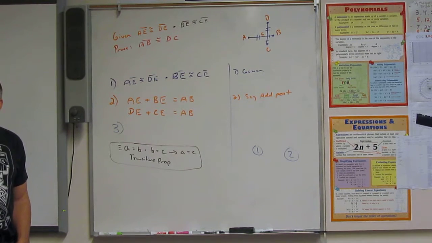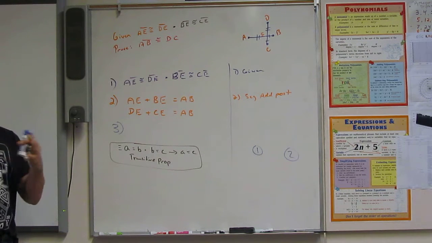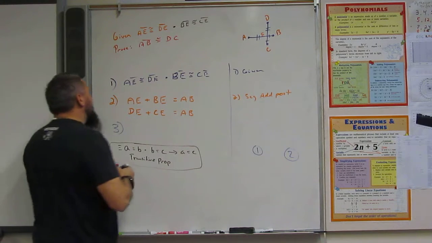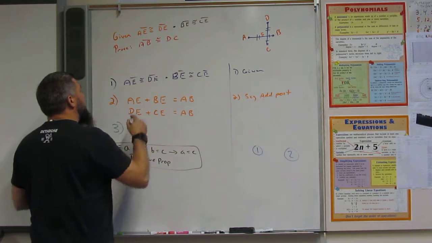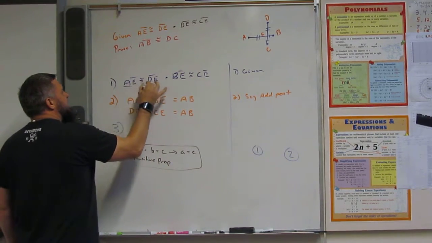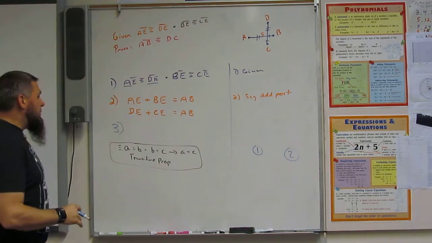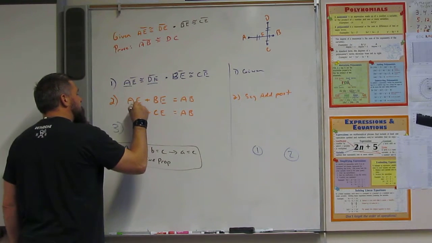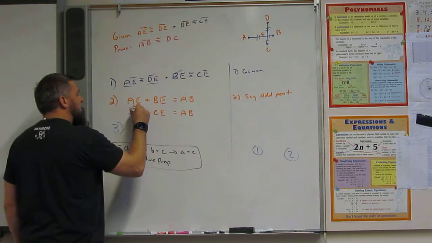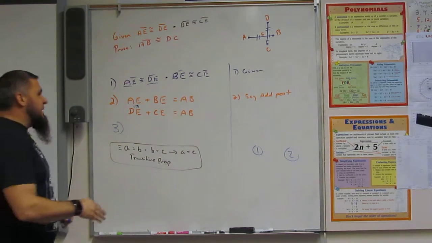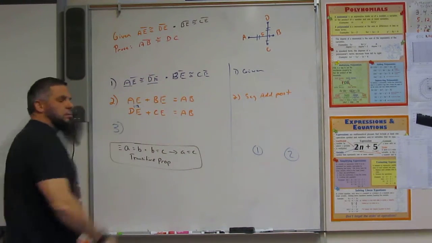Right? So 1 and 2 are going to help me. From 1 and 2, I'm going to use this: AE is congruent to DE, right? And these are congruent, so that means I can substitute them in.